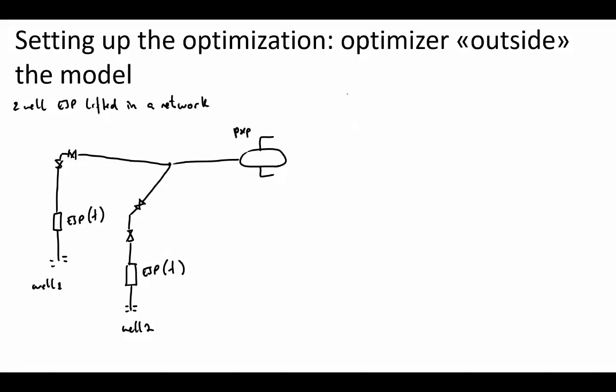If we look only at flow, we can say that the pressure at the junction J, seen from 1, is a function f1 that depends on two things: the rate of well 1, Q1, and the frequency of well 1, F1.